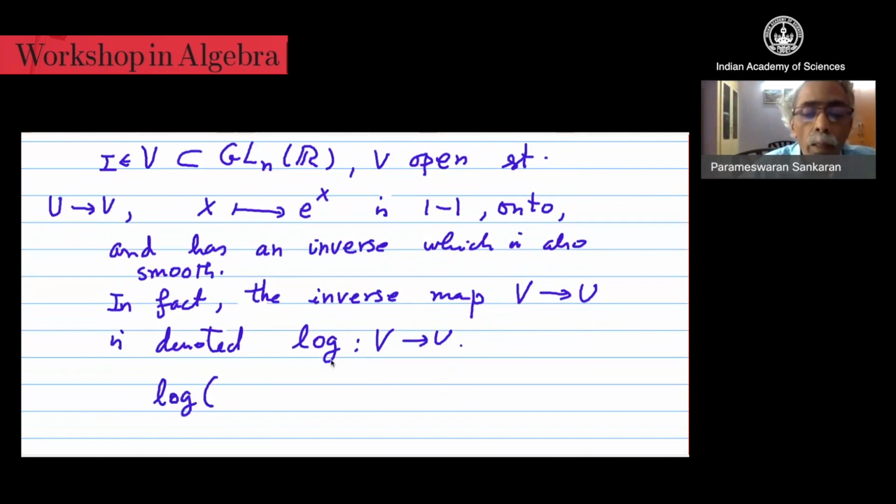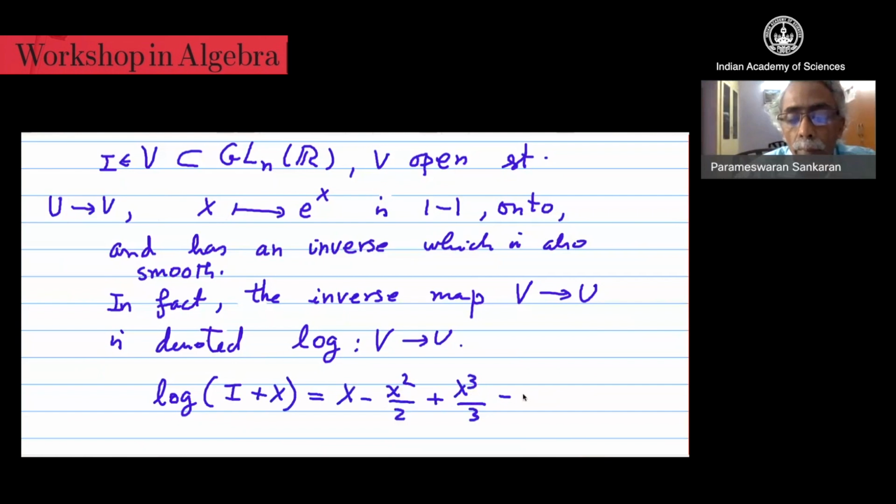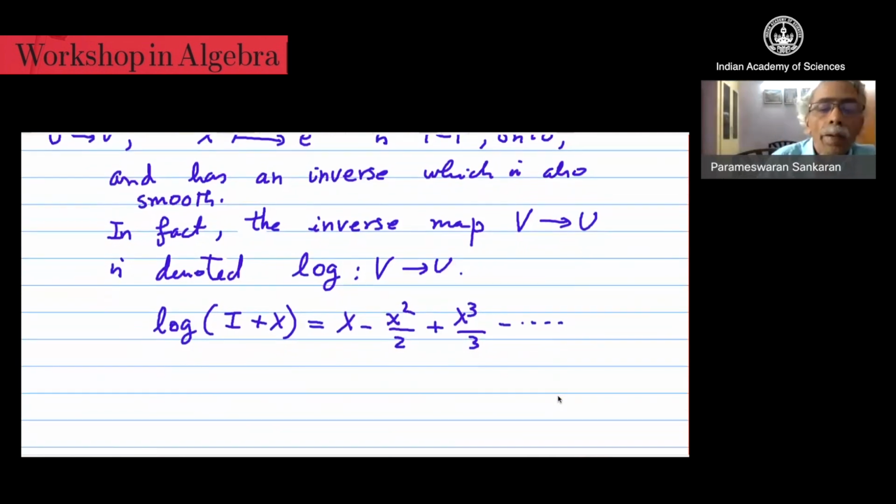Log of any element in here, which is in the neighborhood of the identity map, so I may as well write it as I plus x, is equal to x minus x squared by 2 plus x cube by 3, and so on. Of course you need to worry about convergence, but if your V is appropriately chosen, then this becomes convergent.